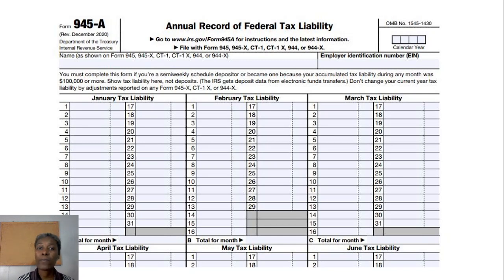So knowing that, if you have a semi-weekly deposit schedule, it will be good to track your payroll and payroll liability by day, so that you can have all 365 days of tax liability. Of course, days that have no tax liability will be blank, and days that you have it will be filled in. But you need to be tracking your tax liability in a way that you can complete this form for the whole year.